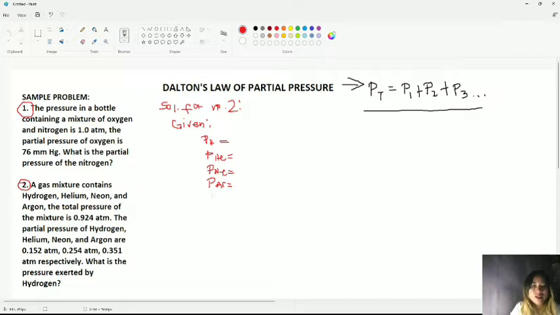And dagdag natin yung total pressure ng lahat ng partial pressure niyan. So, syempre may total pressure din. Gas mixture contains hydrogen, helium, neon, and argon.